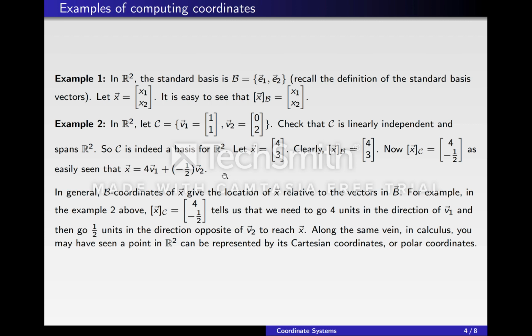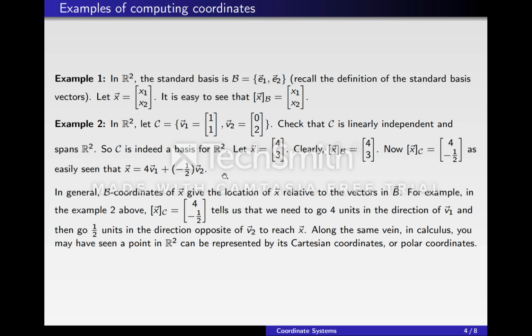Recall the definition of e1 and e2: e1 is the vector 1, 0, and e2 is the vector 0, 1. Let's just take an arbitrary vector x in R2, and the coordinates of x are x1 and x2. And it's easy to see that the coordinate of x relative to the basis B is simply x1, x2.